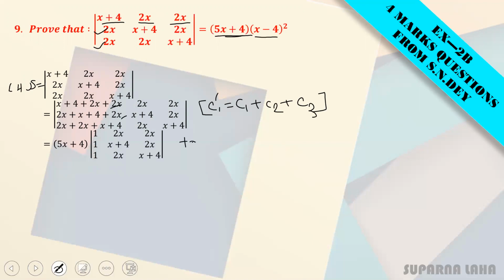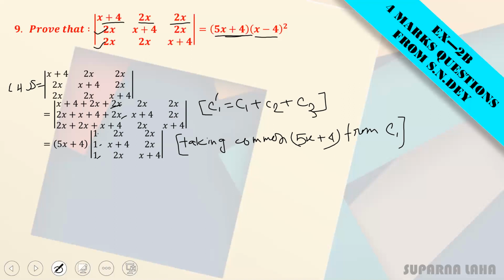Taking 5x plus 4 common from column 1, the elements in the first column are 1, 1, 1, so we can make it 1, 0, 0.